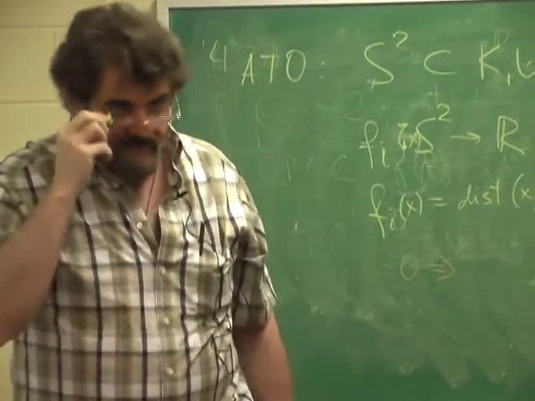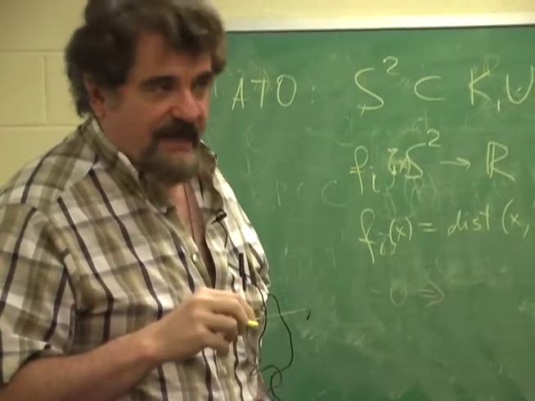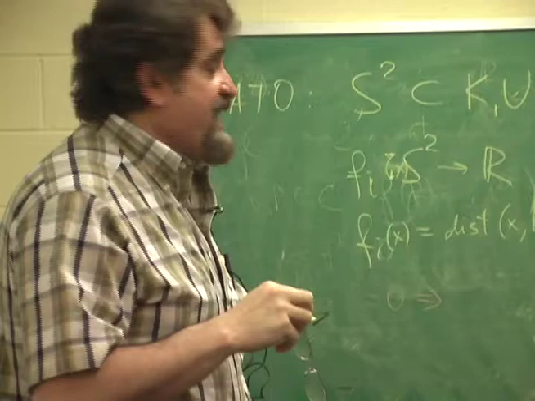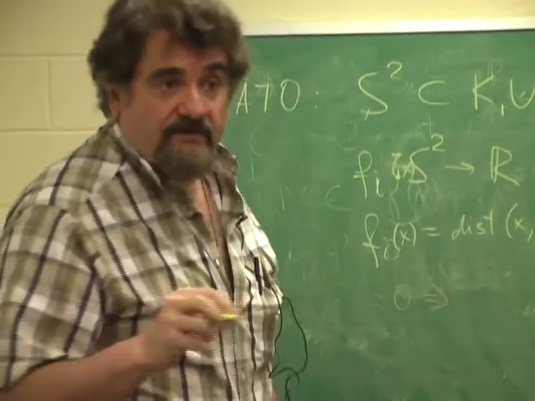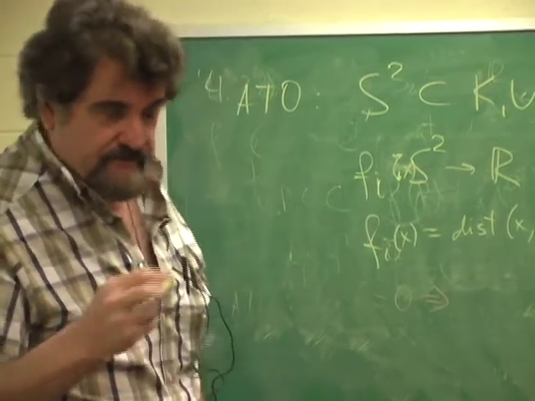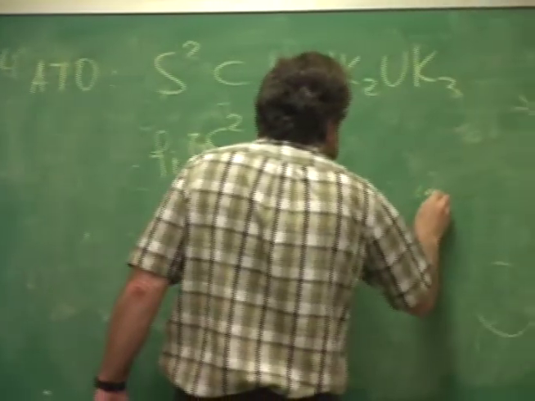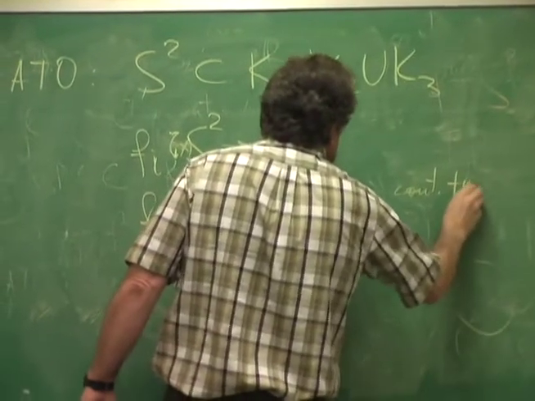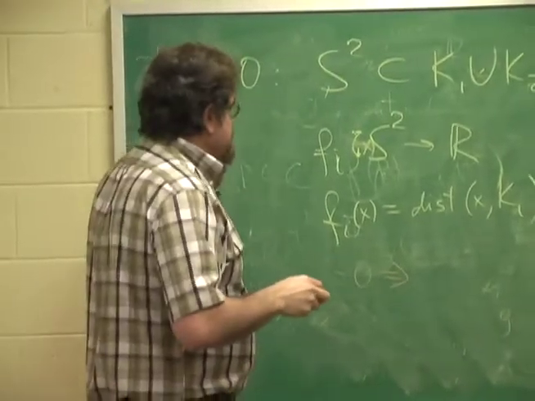The distance is well defined: the closest distance from x to a point of Ki. For example, if x is in Ki, then fi of x is 0. These are obviously continuous functions. Easy exercise. Continuous functions on the sphere.